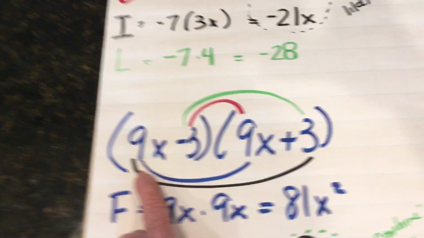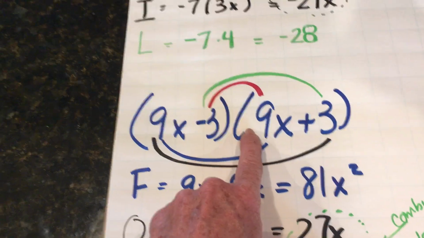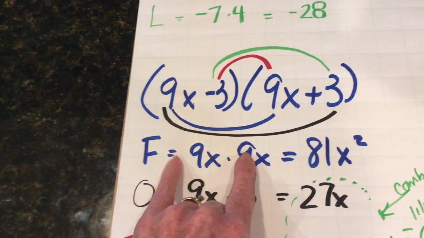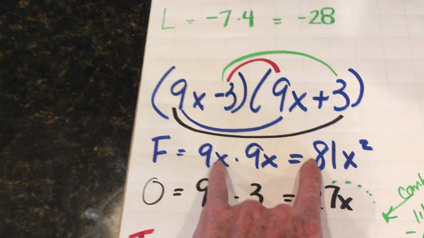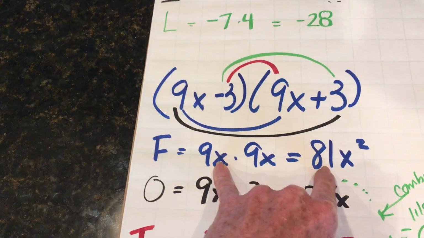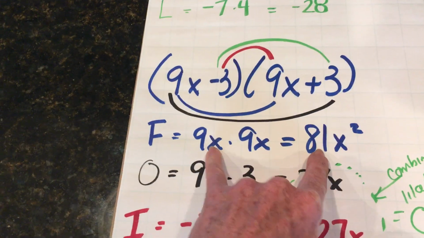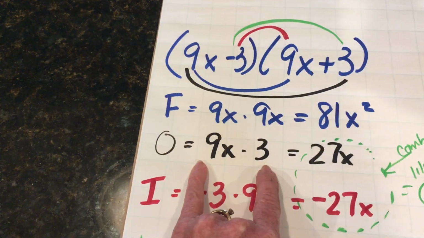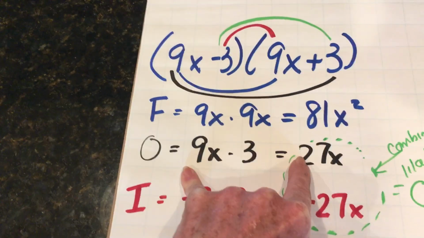And the next problem, 9x minus 3 times the quantity 9x plus 3. First, 9x times 9x. 9 times 9, 81. X times x, x squared. So our first term is 81x squared. Outer is 9x times 3. 9 times 3 is 27 times x, so it gives me 27x.